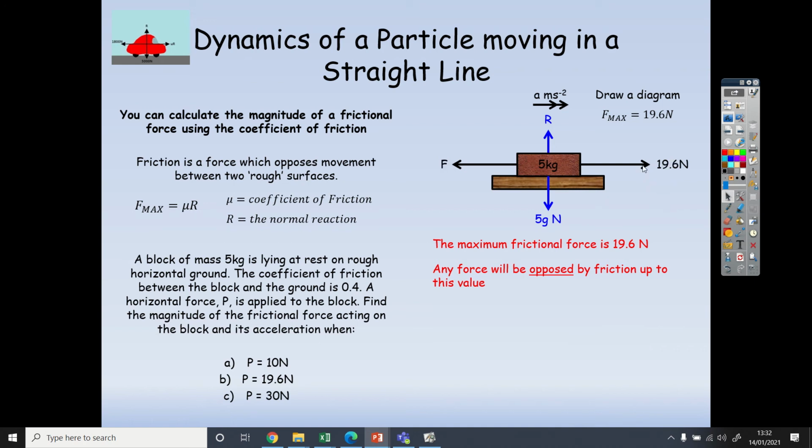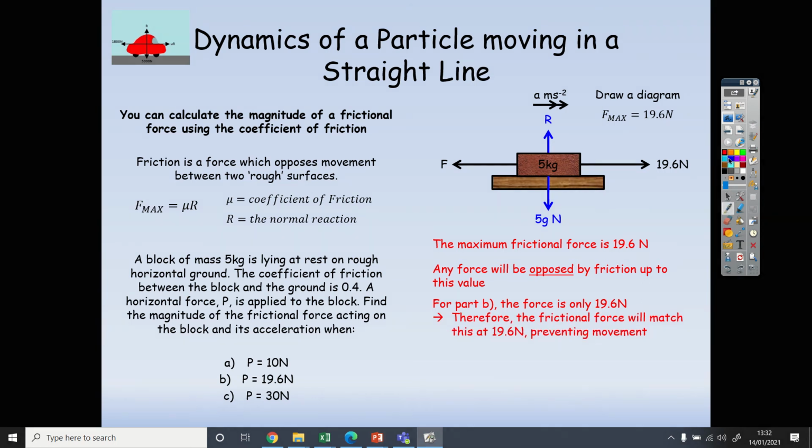If our force in this direction is exactly 19.6, then this is the same value as F max. And what we say is that the object is in limiting equilibrium, if that's the case. I might write that down.